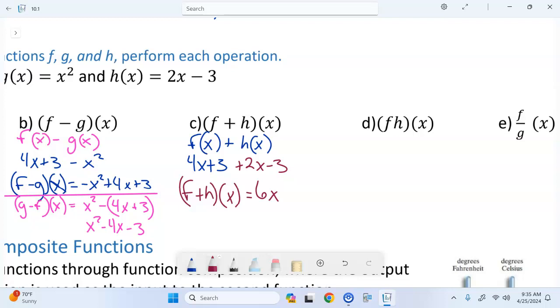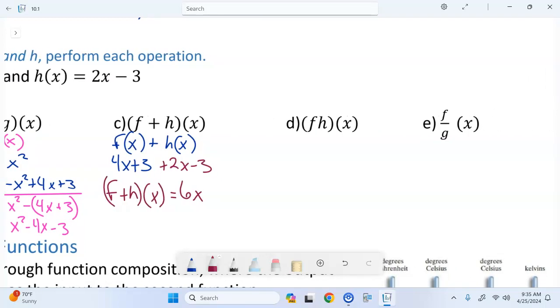Okay, what operation is D? Multiplication. So we have f of x times h of x. Same as before, we have 4x plus 3 times 2x minus 3. So now what do we do? We distribute. So what are we going to get?